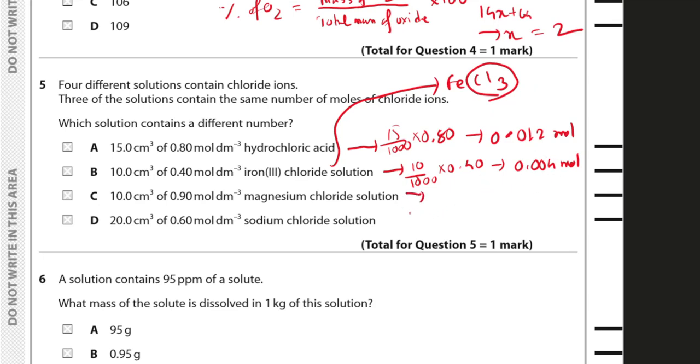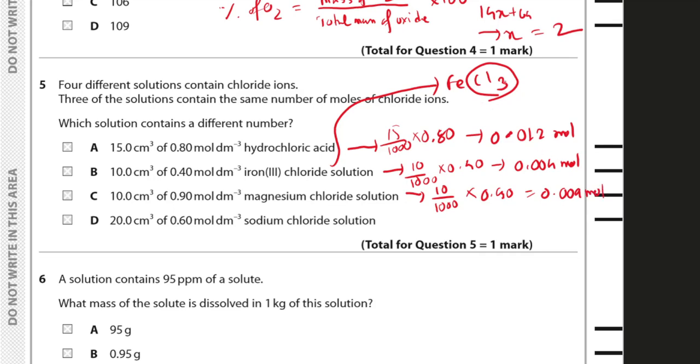Again, if you check out the next one down here, which is 10 divided by 1000 times 0.90, you will be getting about 0.009 mole. Sorry, a slight mistake earlier, it is about 0.009 mole.